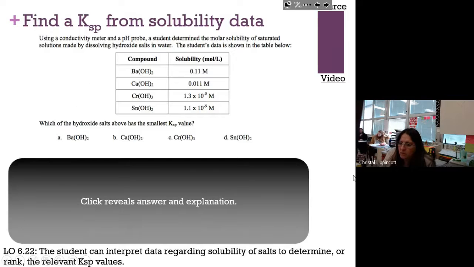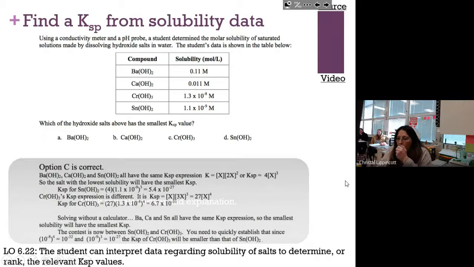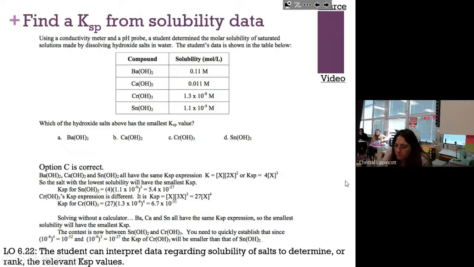All right. Then you had another one. So you should have had C on this one. Questions on that guy? What does it say?